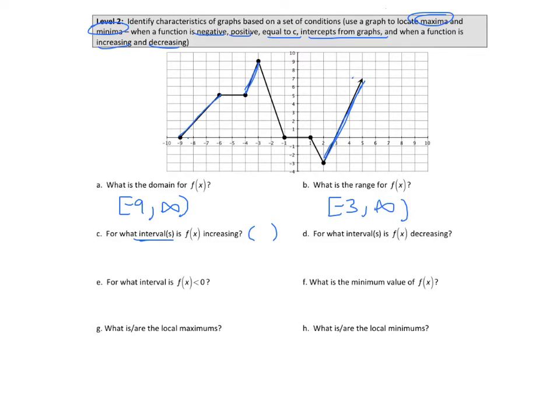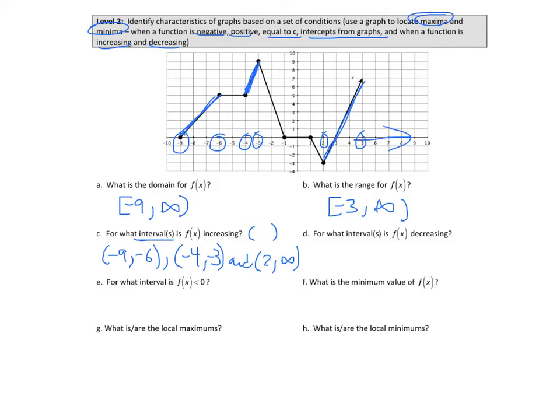So for this first part right here, the interval would be -9 to -6. The next place where it is increasing was from -4 to -3, just this part right here. So again, parentheses, -4 to -3, and it's increasing from 2 to infinity. So the last part would be 2 to infinity.